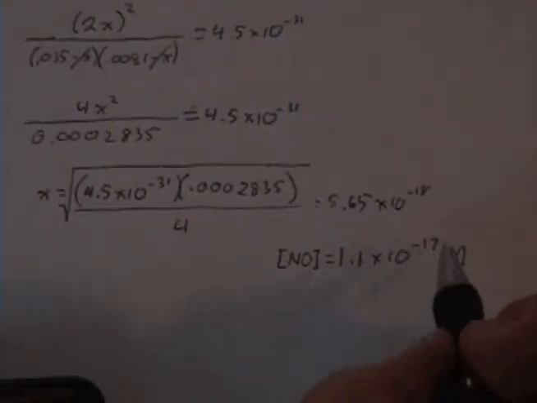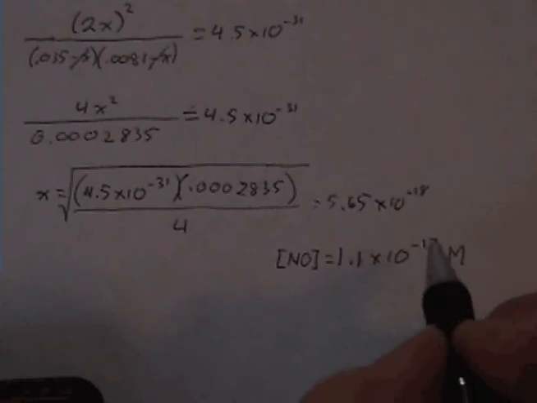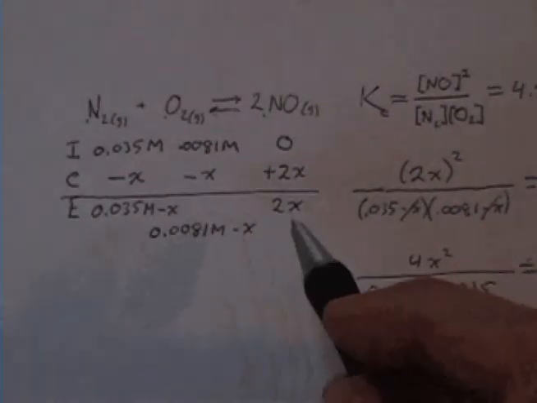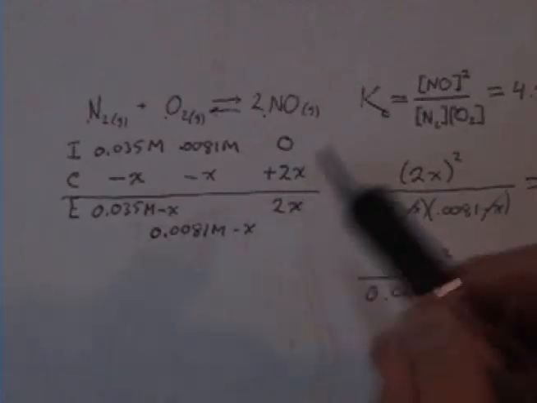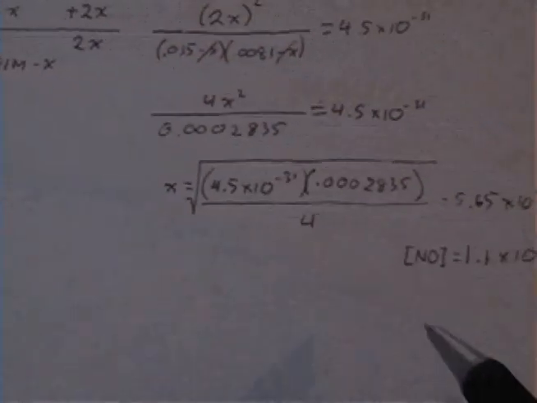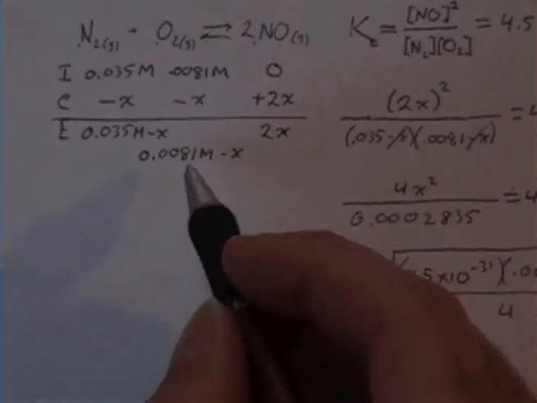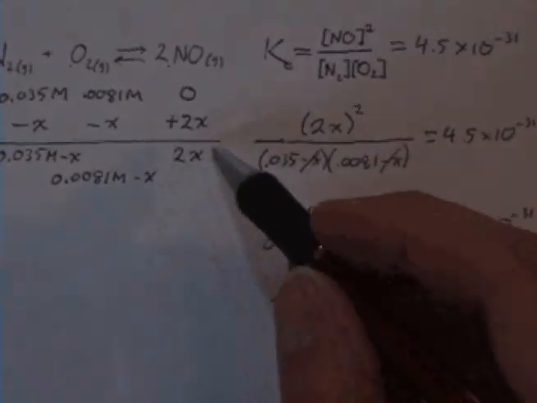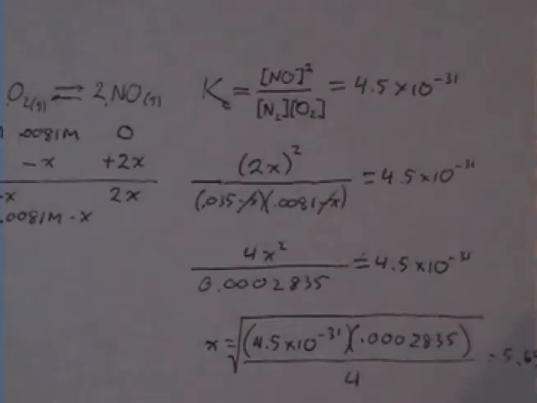You can see it's an extremely small value, and that is how we go about calculating the equilibrium concentrations. We can verify our assumption: x is extremely small in comparison with our values here, no significant difference, but we have a tiny amount of the NO at equilibrium.